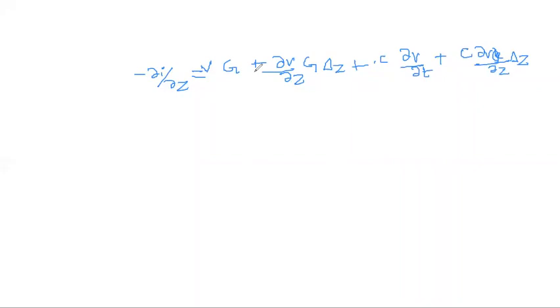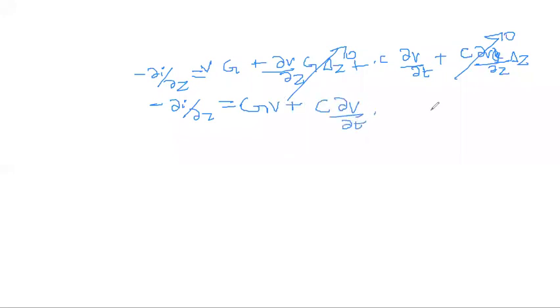Only this much. Now, since this Δz will go to 0, this particular term will be 0 and this particular term will be 0. So we will be left with minus ∂I/∂z, which is equal to GV plus C into ∂V/∂t.